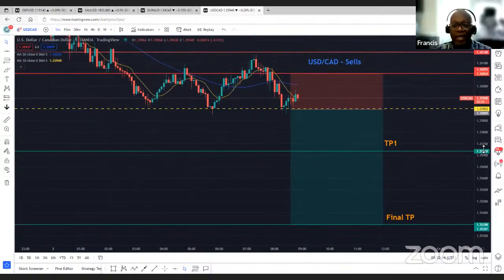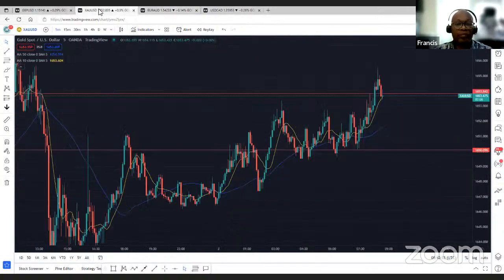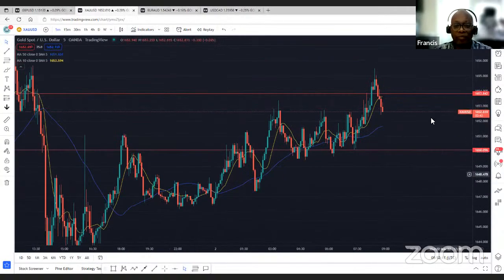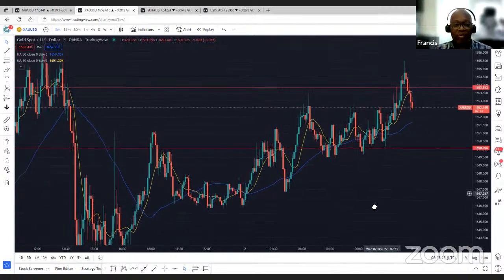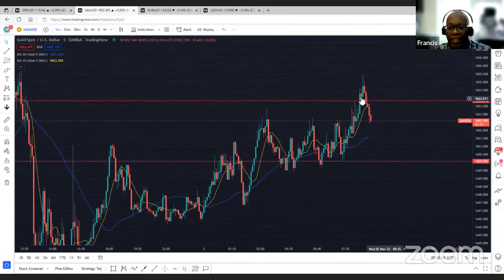So we're in 2 trades now, the USD CAD, as well as the Euro Aussie dollar. Okay, so we see gold seems to have had a fake out. I mean, obviously this happens in trading. We have to be ready for that.